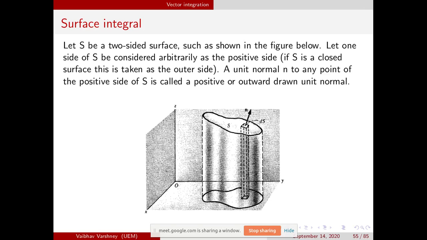So my question is, if I want to project this ds on the xy plane, with which vector do we need to do the dot product? J cap, sir. J cap. Okay. Are all happy with J cap?